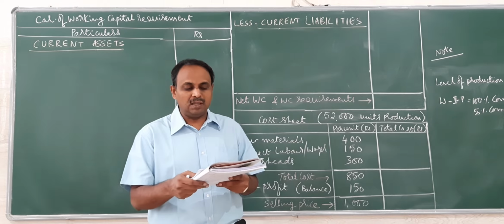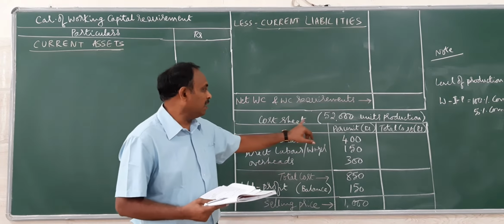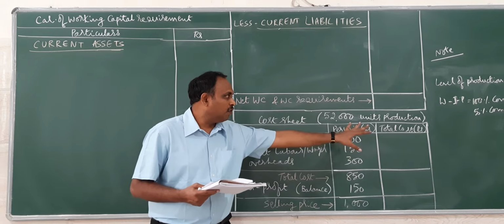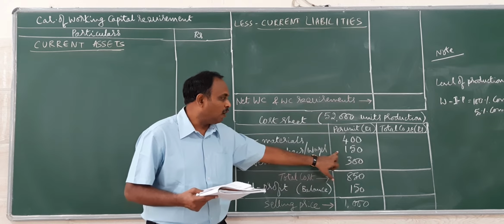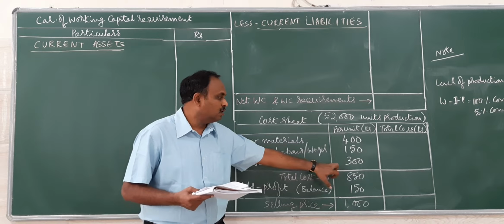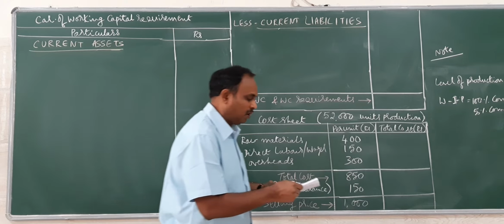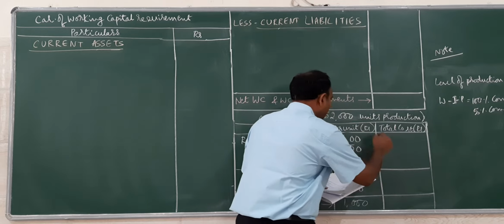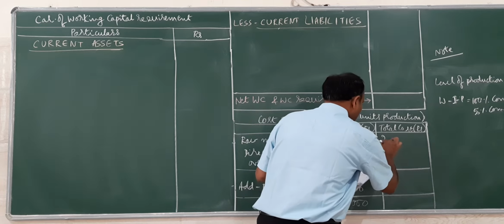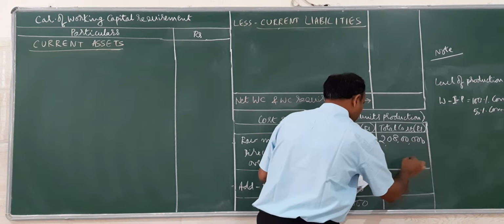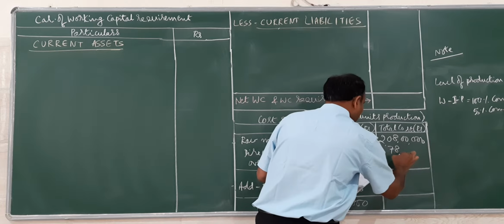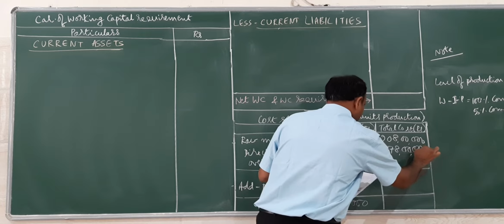So we'll go on with the working part of it. First let me complete the cost sheet for 52,000 units. 400 rupees into 52,000, 150 rupees into 52,000, 300 into 52,000. So 400 into 52,000 is 2 crore 8 lakhs. Next is labor, 78 lakhs.